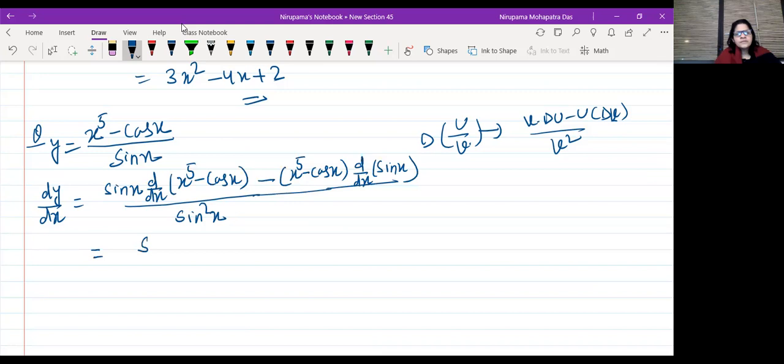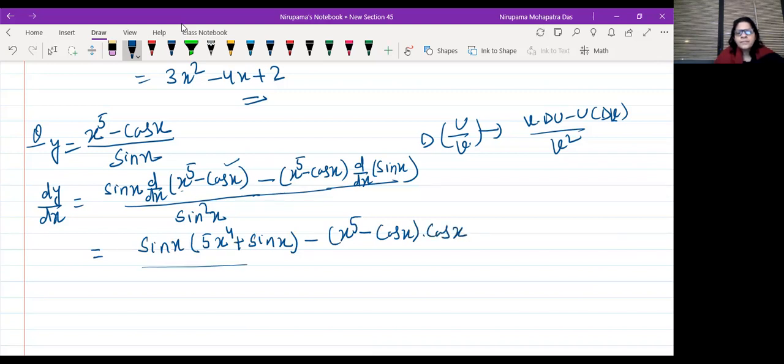So sin x, here d by dx of x to the power 5 is 5 x to the power 4, minus cos x; the derivative of cos x is minus sin x, so you get here plus, then minus (x to the power 5 minus cos x) into d by dx of sin x, which is cos x. In the denominator you have sin square x.